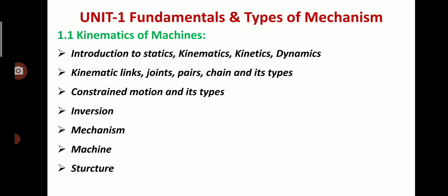After that you can learn kinematic links, kinematic joints, pairs, chain and its types. Then types of constrained motions, what is the meaning of inversion, and what is the difference between mechanism, machine and structure. So these are the contents of point number 1.1 of the unit number 1.